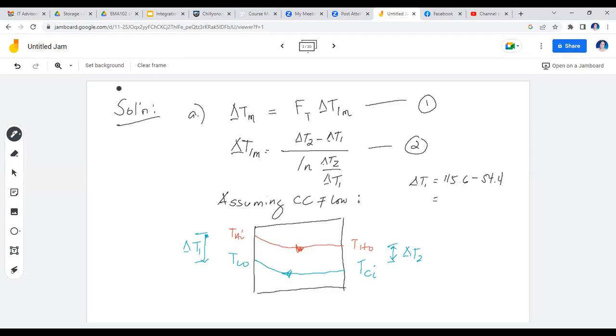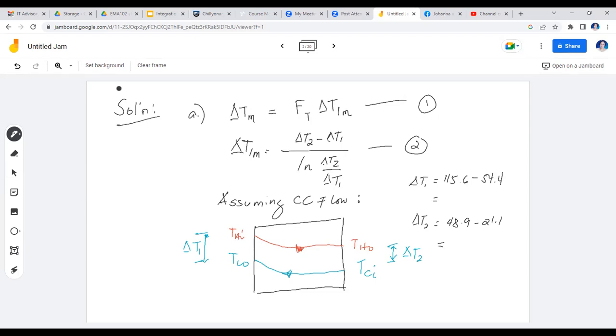Your delta T2 is the difference of the hot fluid outlet temperature, which is 48.9, and the cold fluid inlet temperature, which is 21.1. Correct me if my values are wrong based on the problem that you have taken the screenshot of.